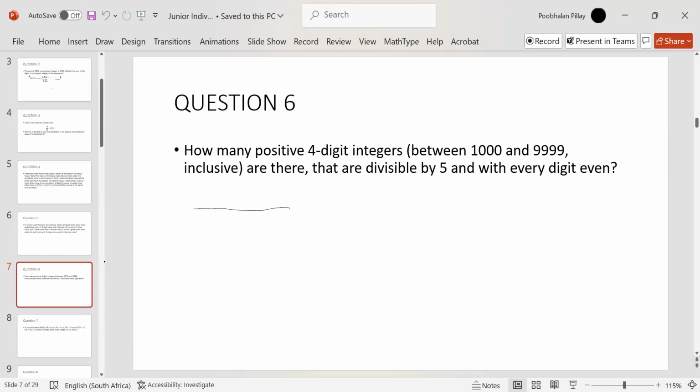Let's just do it like this. So there are 4-digit numbers. They're divisible by 5. A number is divisible by 5 means the last digit is either 5 or 0.